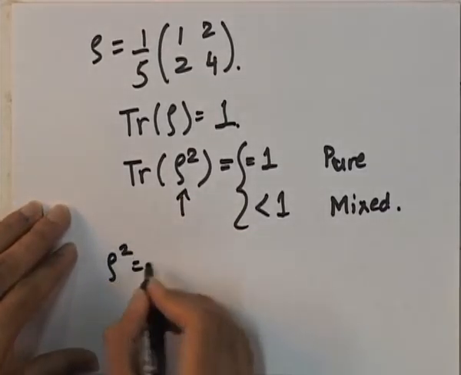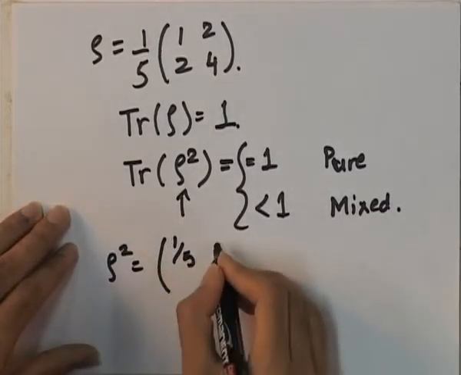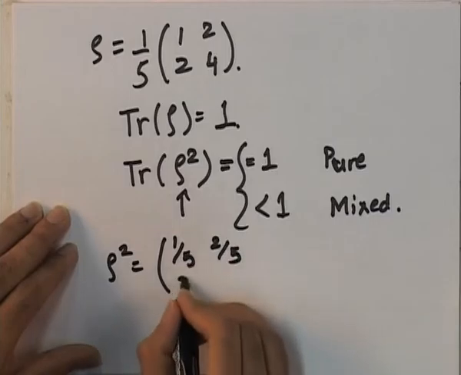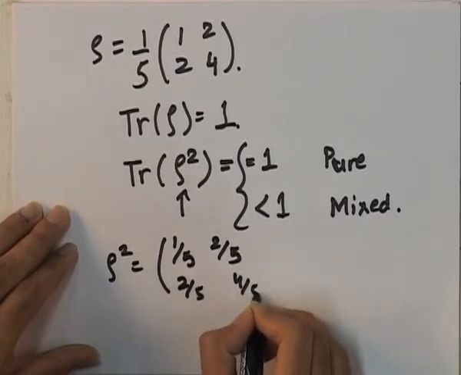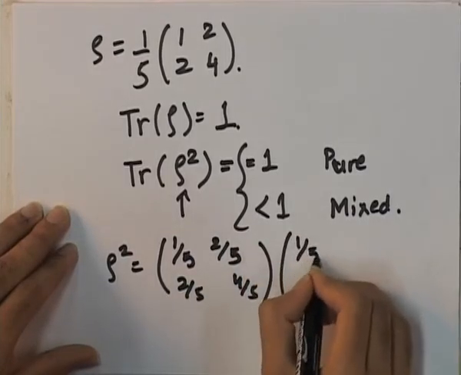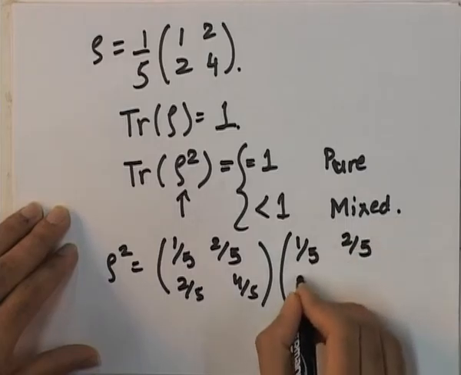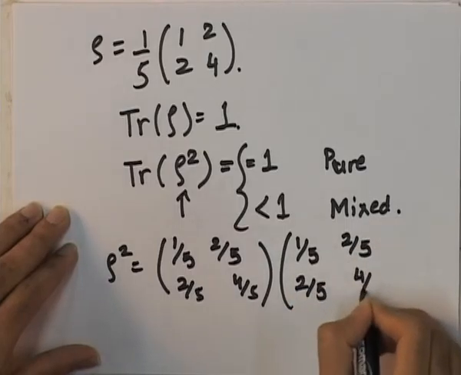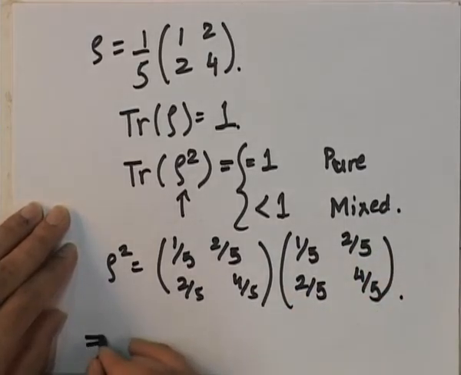So rho square is equal to [1 by 5, 2 by 5; 2 by 5, 4 by 5] times [1 by 5, 2 by 5; 2 by 5, 4 by 5].